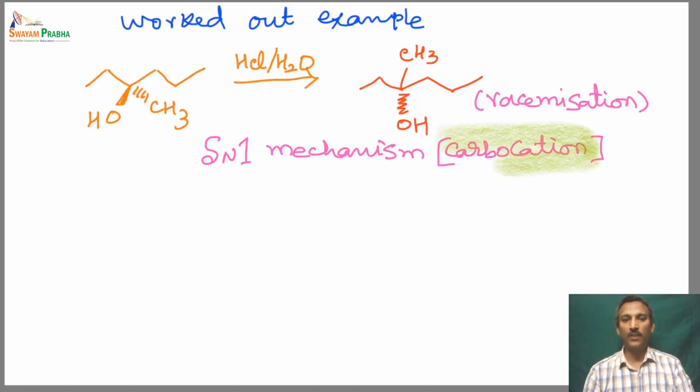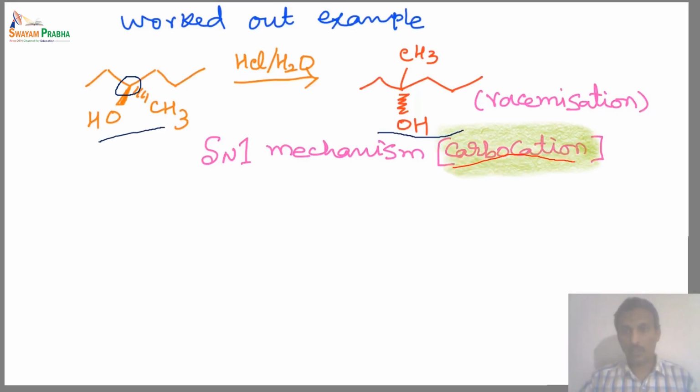As we had seen, this carbon is a tertiary carbon. The tertiary carbon generally undergoes reaction by the SN1 mechanism, and we have an intermediate that is planar. A planar carbocation is formed in this reaction.